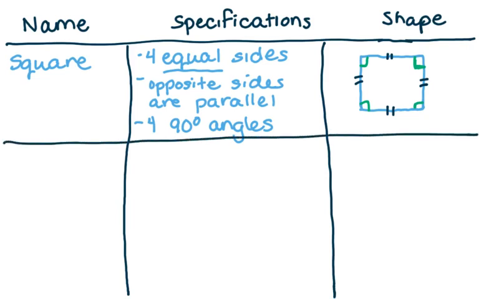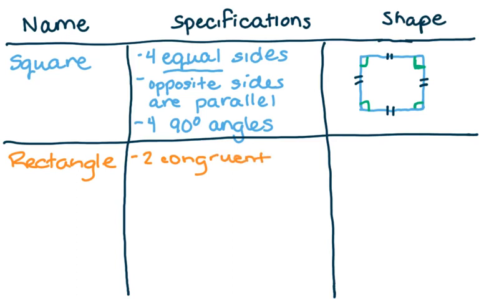Okay, the next shape we're going to look at is a rectangle. The specifications for a rectangle are they have two, and I'm going to use the word congruent instead of equal. Remember, they mean the same thing.